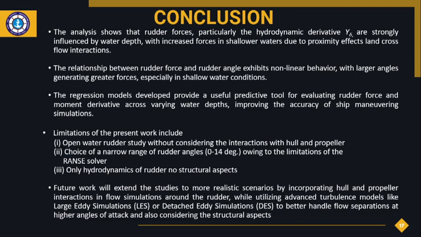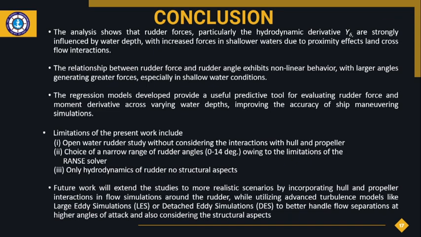But this work does have limitations. The open water rudder, without considering the effect of propeller and hull on it, has been studied. But since I said it's an introductory study, this has been taken as a procedure for further developing this. The larger picture is developing the mathematical model for the entire hull, propeller, and rudder for shallow water navigation.